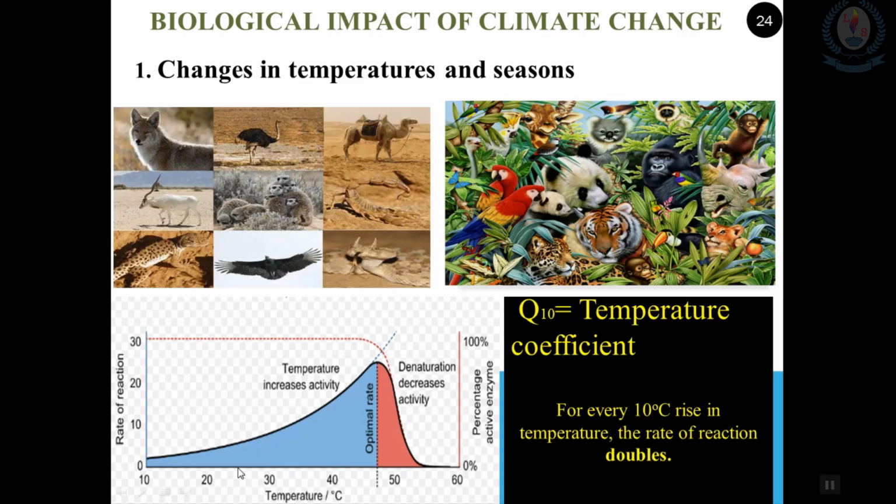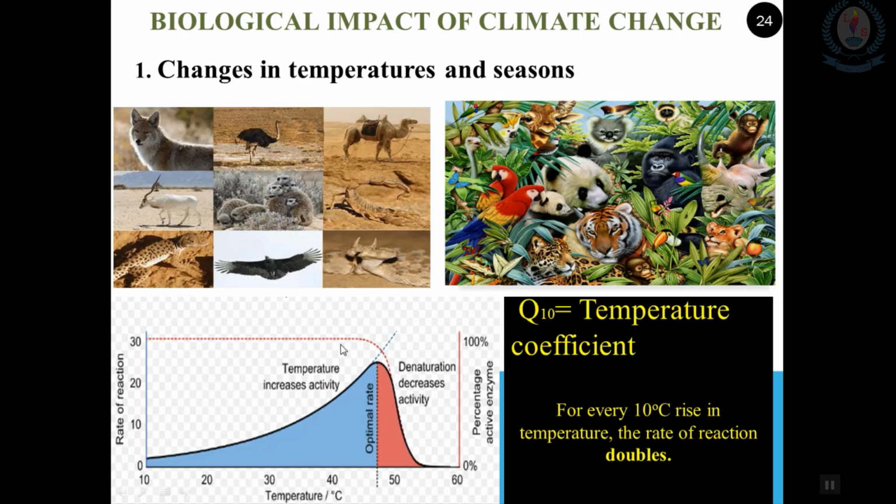It's the effect of temperature on enzyme activity. As you can see, in the beginning of the activity, it's very low. As the temperature increases, the enzyme activity increases until it gets to an optimum temperature here. Then after that, further increase in temperature results in reduction in enzyme activity.